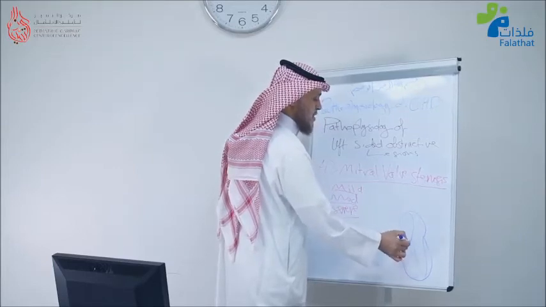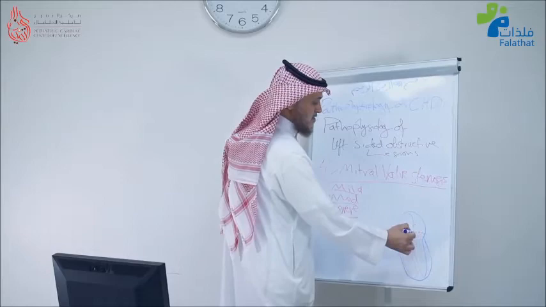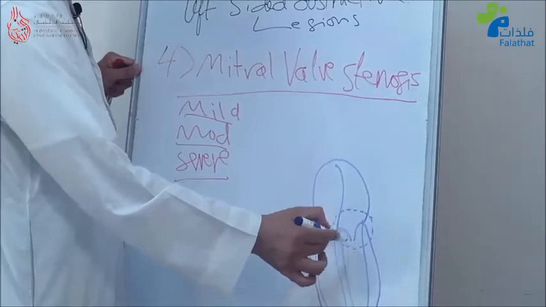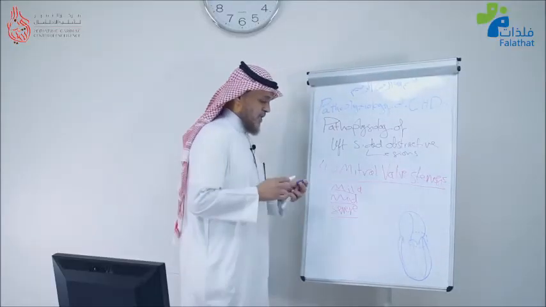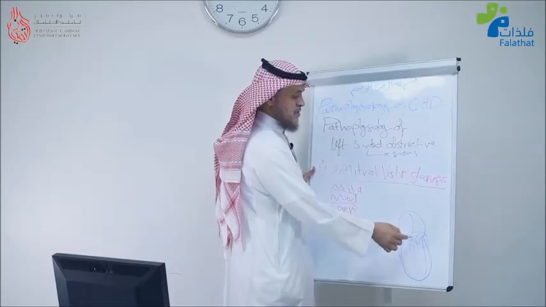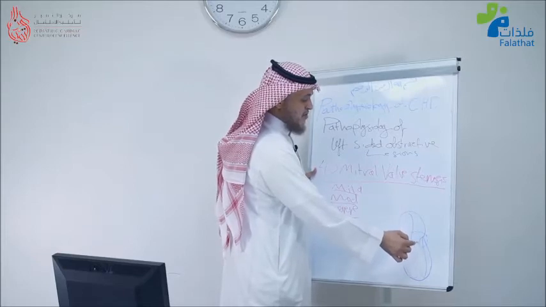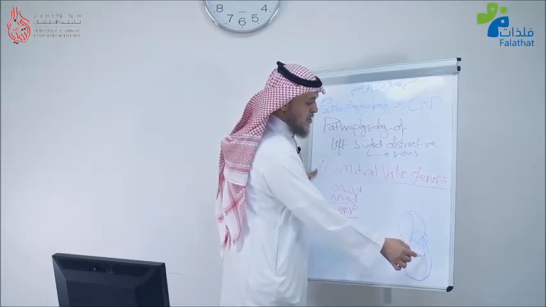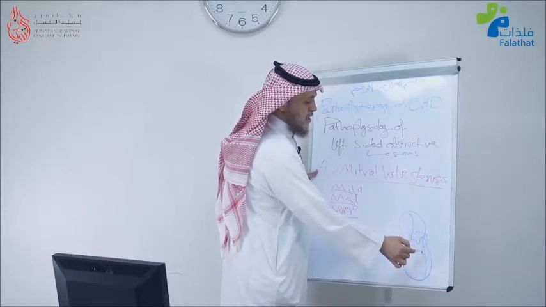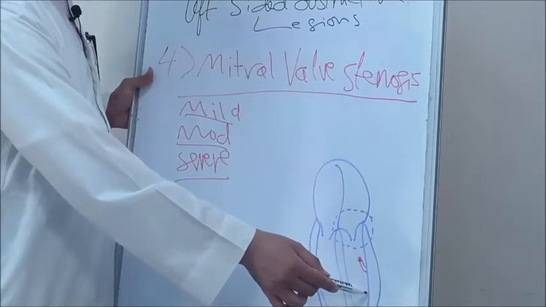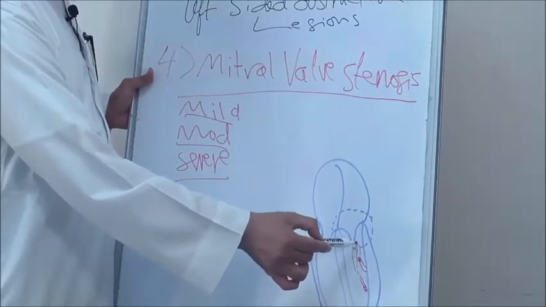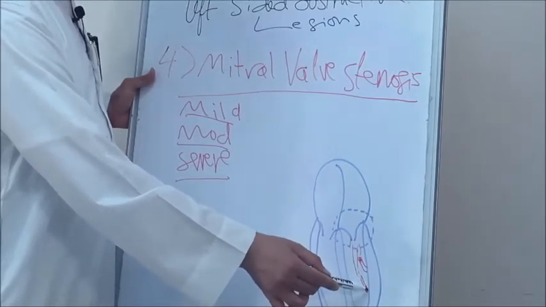Tricuspid valve, and this is the area we are interested in, the mitral valve. Mitral valve stenosis can happen, as we talked just a while ago, supramitral, or at the mitral valve leaflet, or within the mitral apparatus, the papillary muscles, which give the chordae that hold the mitral valve.